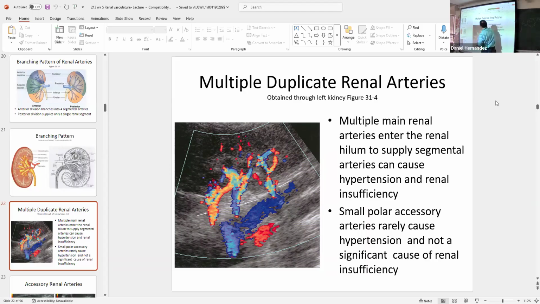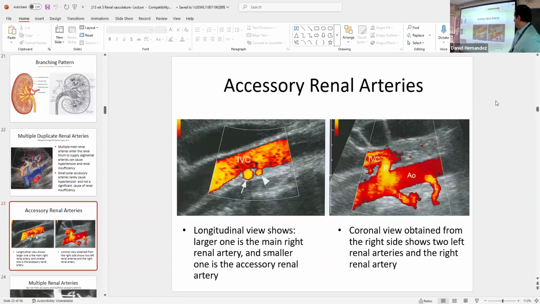The upper pole might have its own dedicated blood supply, and the lower pole might have its own dedicated blood supply and venous drainage. So duplicated systems and duplicated vessels do exist. You just have to be aware and cognizant of it. It's not that common, but potentially could exist.